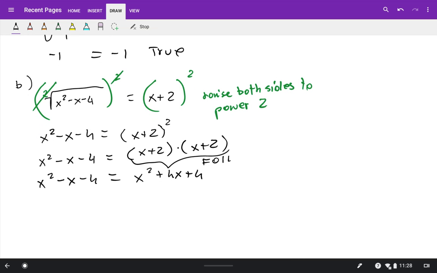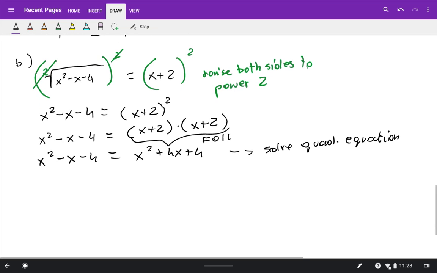Now we're going to solve quadratic equation. So the same idea, to solve quadratic equation, you have to have 0 on the right side. So I'm going to bring everything from the right side to the left side. So we have positive x squared, so I will subtract x squared from both sides.